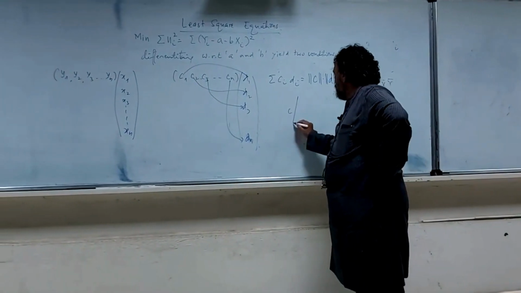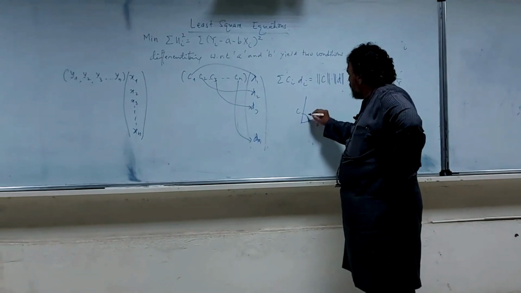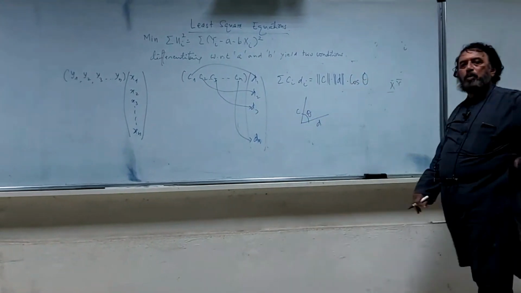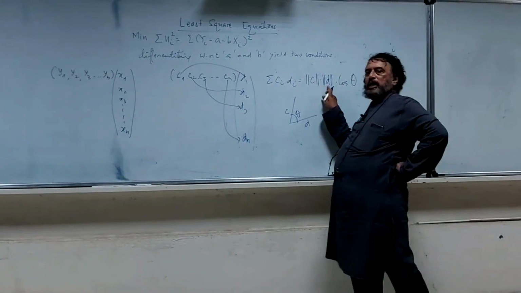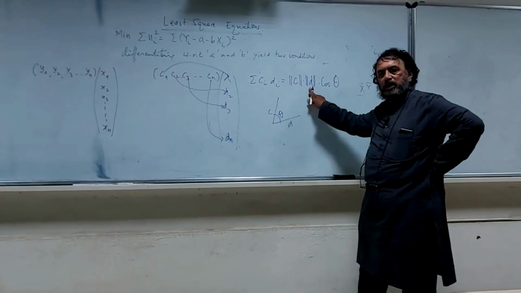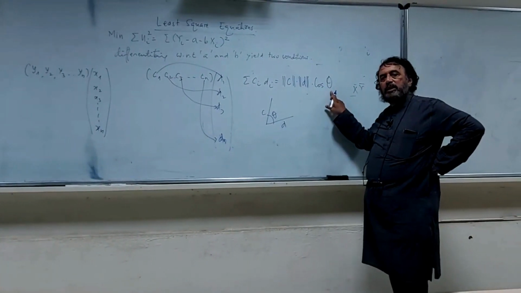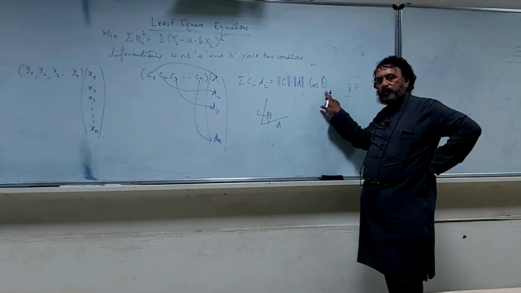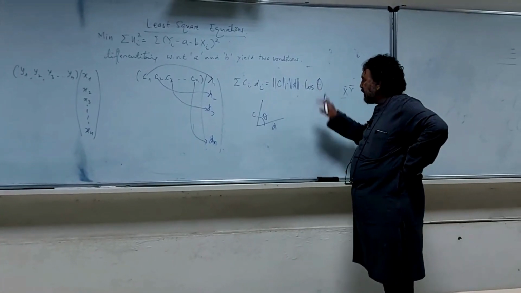So this is C and this is D, and this is the angle between the two vectors. We have to multiply the product of the lengths of the respective vectors by cos theta, that is, cos of the angle between C and D. This is our definition.